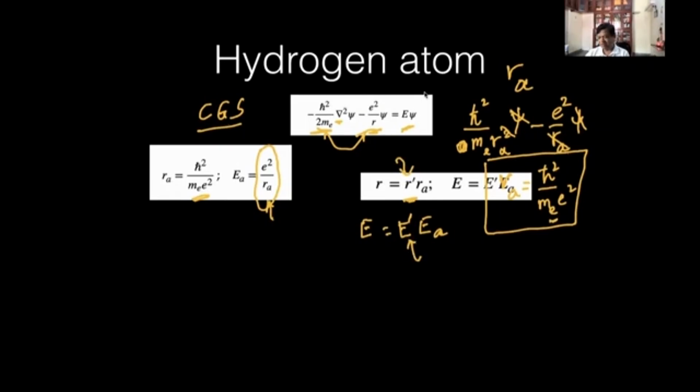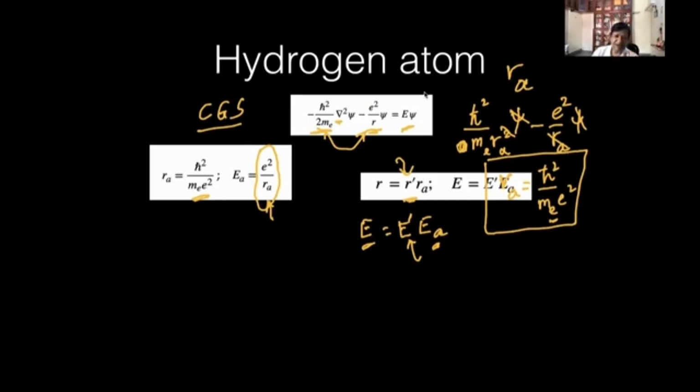E prime is dimensionless because E has dimension of ergs and E_A has dimension of ergs, so the two dimensions cancel. E prime will vary from 0 to a finite number, which will be 3, 4, 5, but it won't be a very small number. That's the advantage of working with E prime. Also R prime is of order 1.